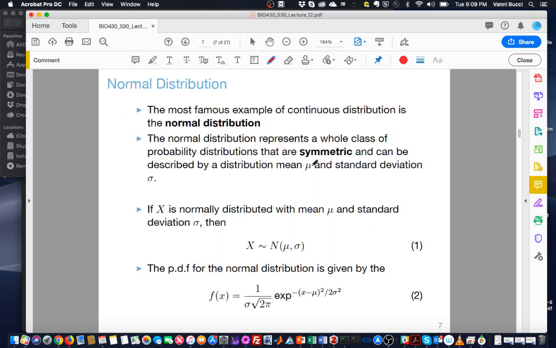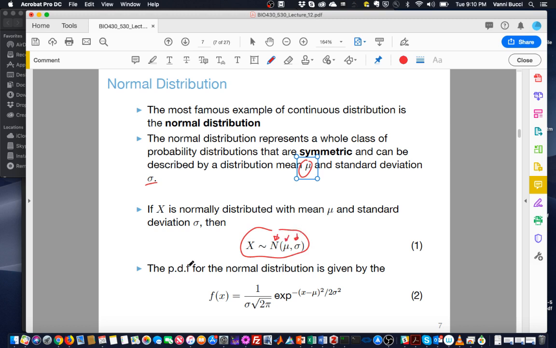The normal distribution is the most famous example of a continuous distribution. It's a symmetric distribution that is described by two parameters, the mean mu and the standard deviation sigma. When we say that x is a random variable which is normally distributed with a certain mean and a certain standard deviation, we use this notation: x is N, where N stands for normally distributed, with mean mu and standard deviation sigma.